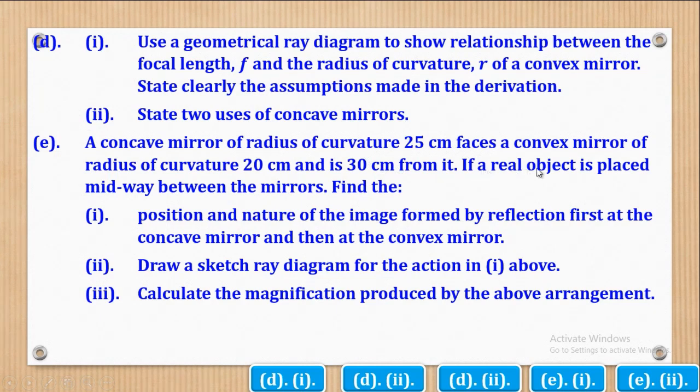If a real object is placed midway, you know that word midway, between the mirrors, find Roman 1 the position and nature of the image formed by reflection, first at the concave mirror and then at the convex mirror.